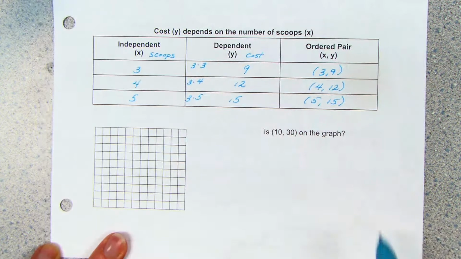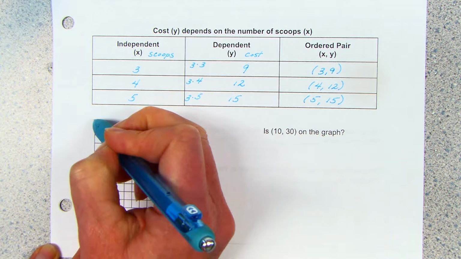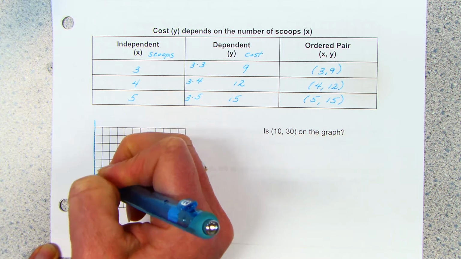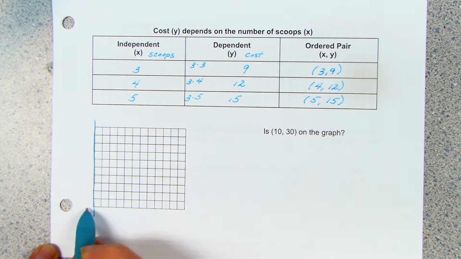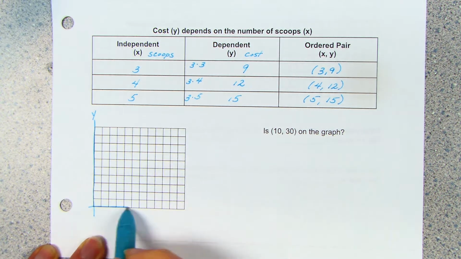All right, and now I can take these values and I can graph them. So I'm going to make my y-axis and my x-axis.